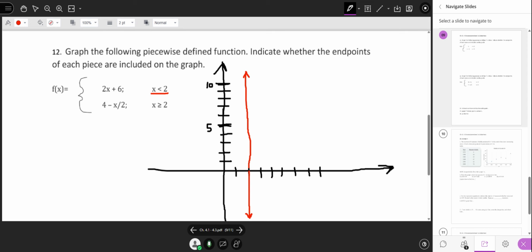So, I want to put 0 in for this first equation. So x equals 0 and x equals 2. So 2 times nothing plus 6 is 6.